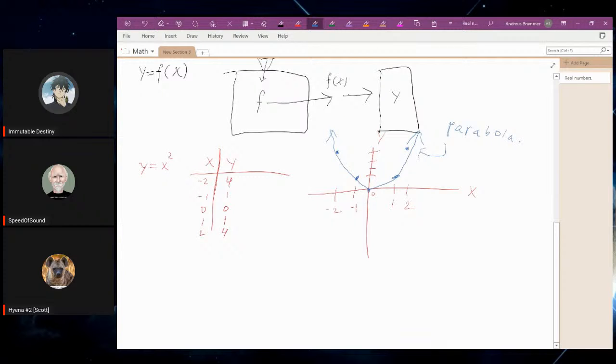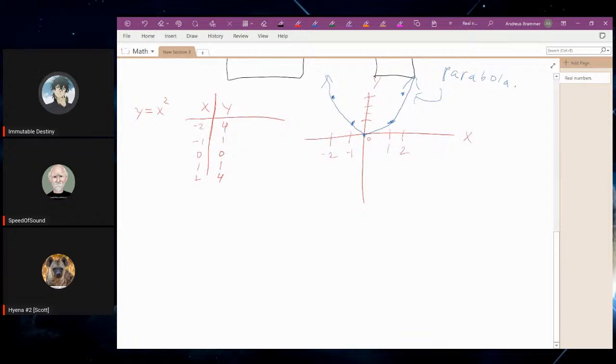And actually, there's something interesting happening with this. Notice something. When we take values for x, what are the values of y that we're obtaining always? Scott, any idea?